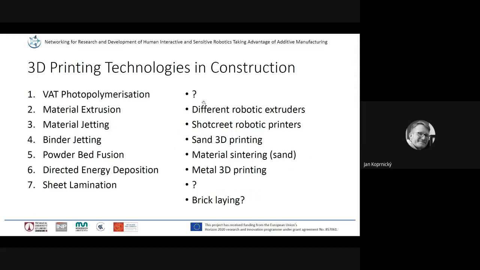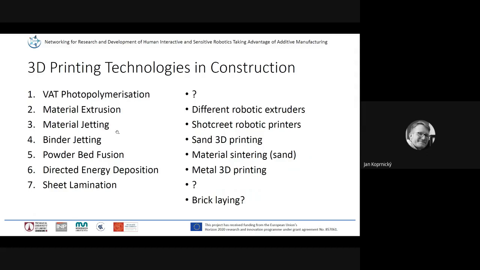I haven't found any example, maybe you know some, and I will appreciate it if you send me feedback. But the most used technology is material extrusion. There exist plenty of different robotic systems that use this kind of additive manufacturing strategy.